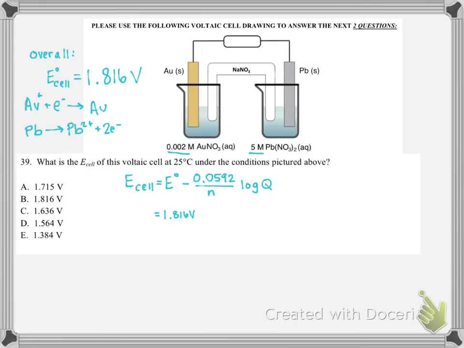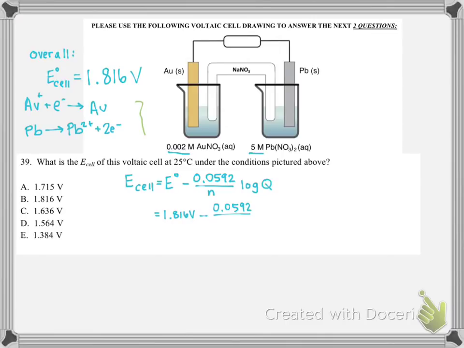our standard potential. We'll have minus 0.0592 from the equation, and divided by N. So N is our moles of electrons transferred, and this is where our half reactions become useful.